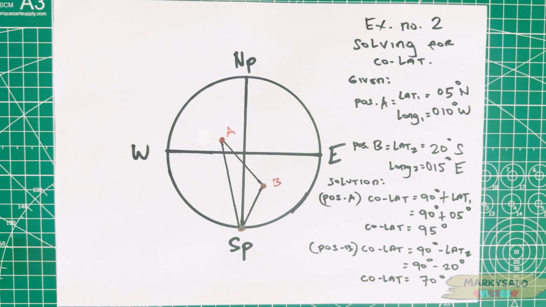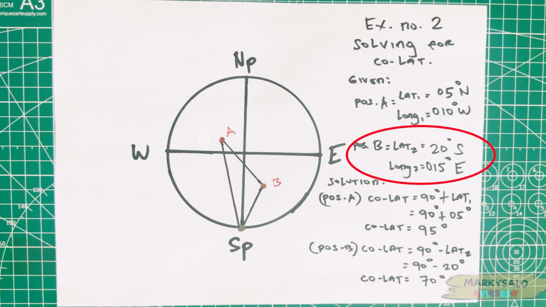Okay, for the second example for finding the colatitude, the givens are in two positions, position A and position B. For our position A, or our initial position, the coordinates are latitude 05 degrees north, longitude 010 degrees west.